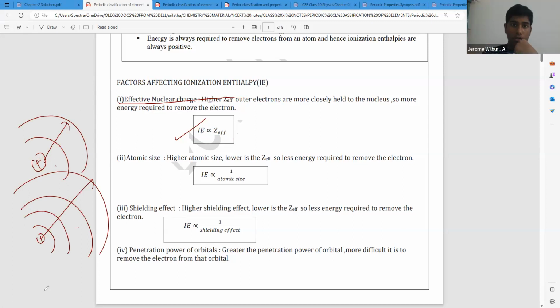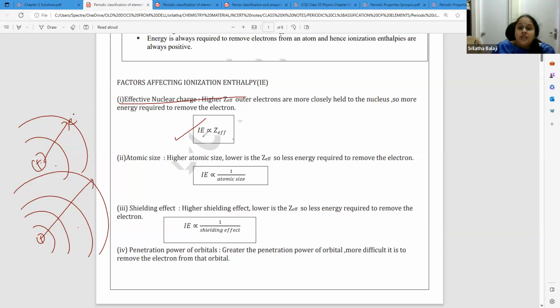So here Z effective is more, and the valence electron is close to the nucleus. Can you remove the electron easily from it? No, because the attraction of the positive charge of the nucleus over the electron is more. So Z effective is greater, the outer electron is pulled with more force, and you have to invest more energy to take it out. Are you getting it? Is that clear?